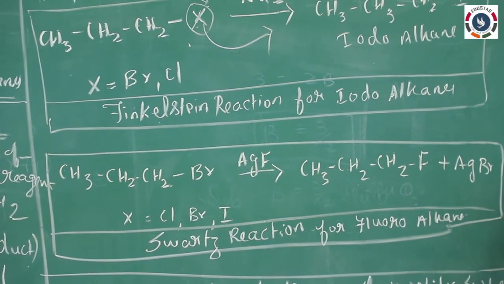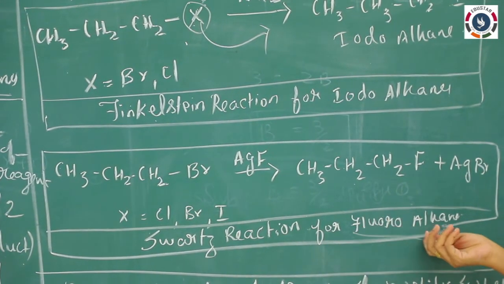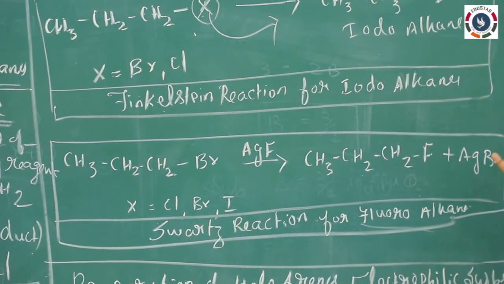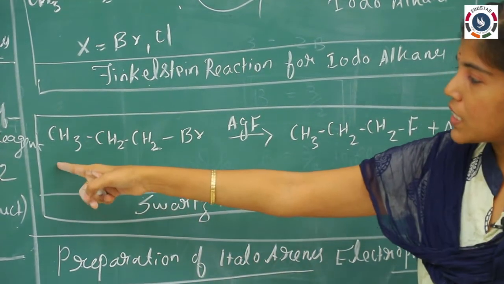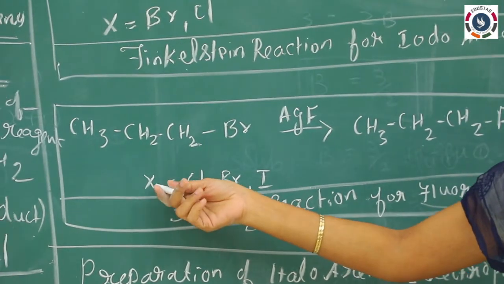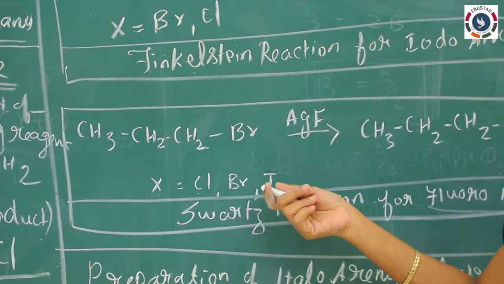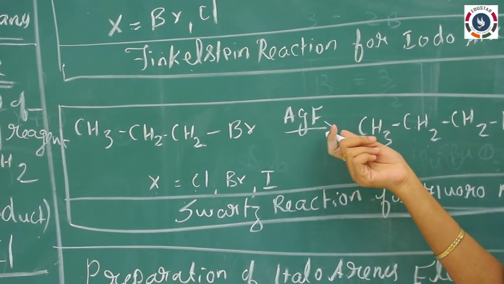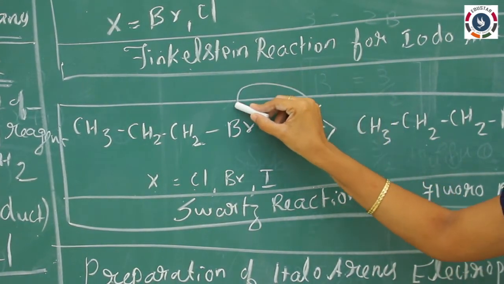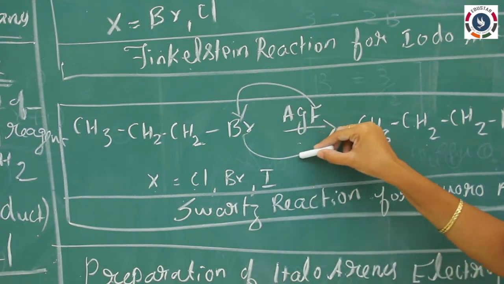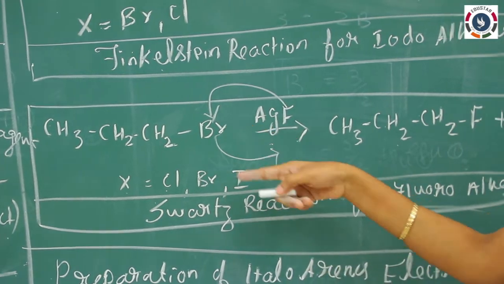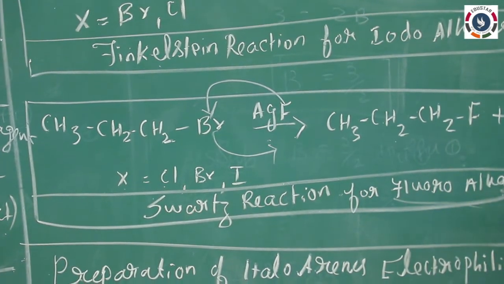The next one is meant for the preparation of fluoroalkane. For fluoroalkane, this is the peculiar method available. CH3CH2CH2Br, here the halogen may be chlorine, bromine or iodine. On treatment with silver fluoride, the fluoride will enter the compound and the bromide or chloride or iodide, whatever we have taken, will leave as the leaving group.